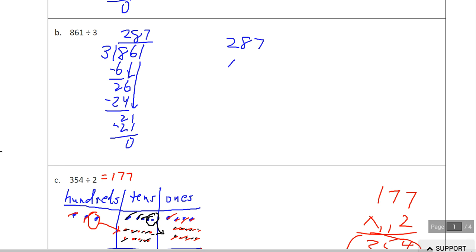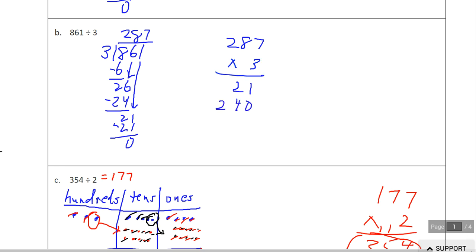287, and we're going to multiply that by 3. And I'll do this one partial products just so we can remember how to do that. You can do it standard algorithm, but I'm going to do a partial product. 7 times 3 is 21. And then 80 times 3, or 3 times 8 tens, is 24 tens, 240.